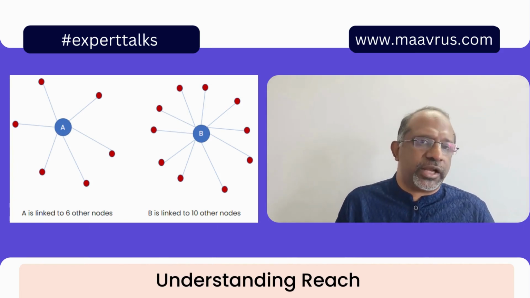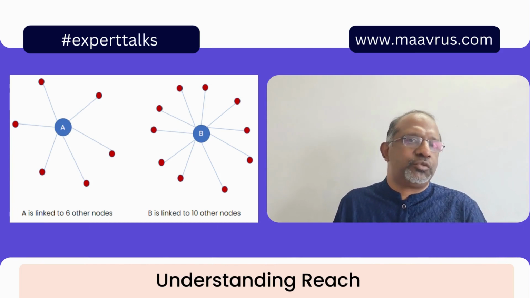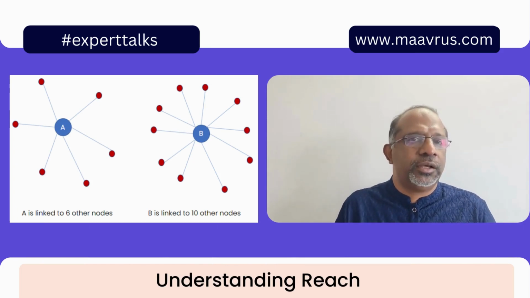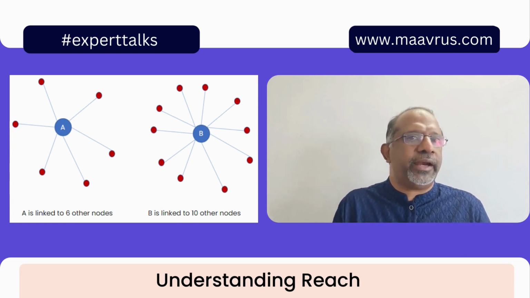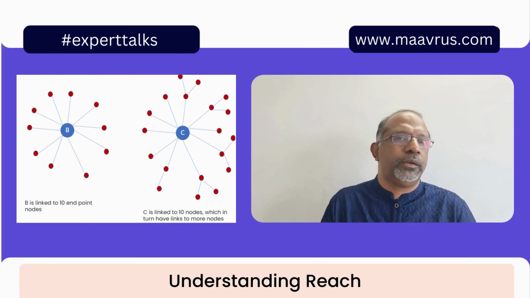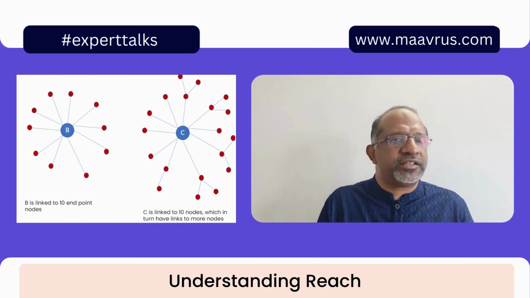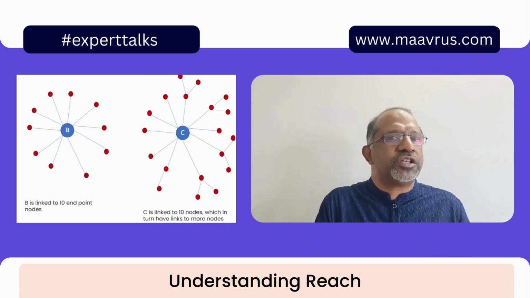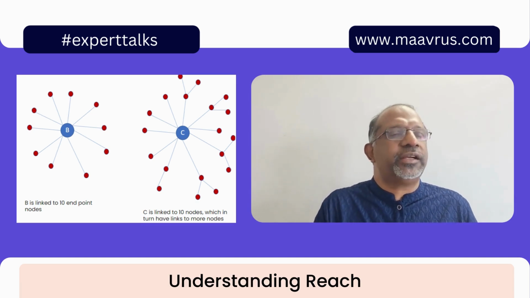So if you see in the slide, influencer A seems to have 6 connects and influencer B has 10 connects. So one would say that influencer B has a greater reach compared to influencer A. Now let's understand this a little more. In this slide, we compare influencer B, who's got 10 connects, with influencer C, who also has 10 connects.